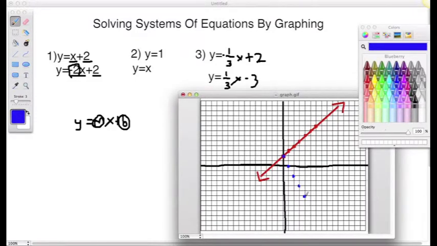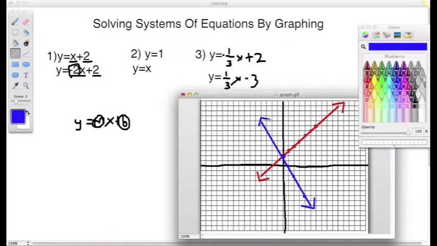Okay? Should look something like that. The only reason I'm doing it a lot is so that I can get a nice, straight line. Of course, if you're doing it on graph paper, it's going to look much better.